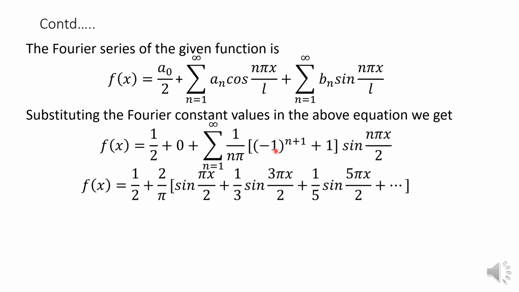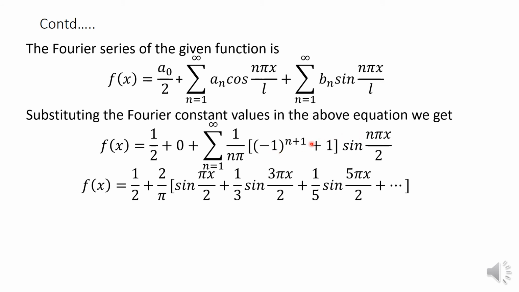If I put n is equal to 3, we get minus 1 power 4. It is plus 1, plus 1 plus 1 becomes 2. If I put n is equal to 4, this entire term goes off. So what we can conclude is, when n is odd, you will get 2 here. When n is even, you will get 0 here. So for even terms, this term goes off.